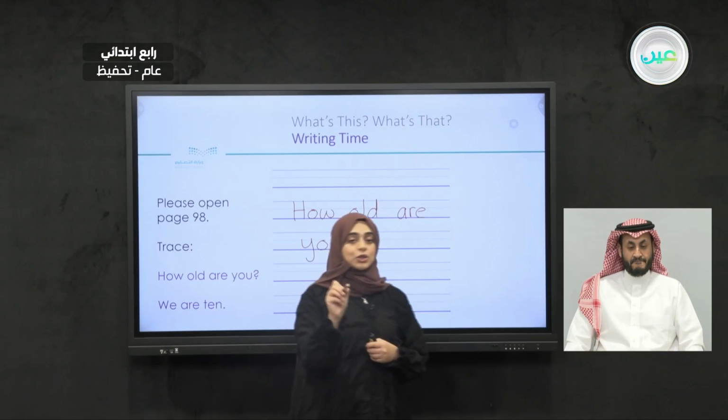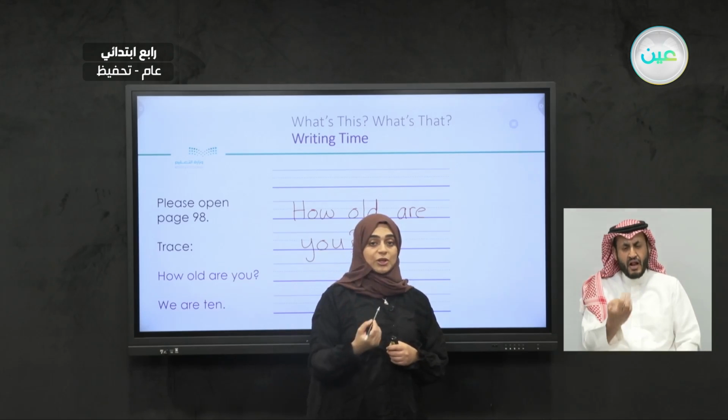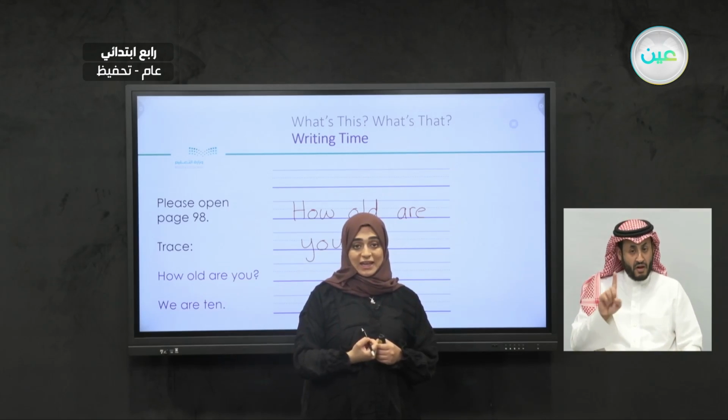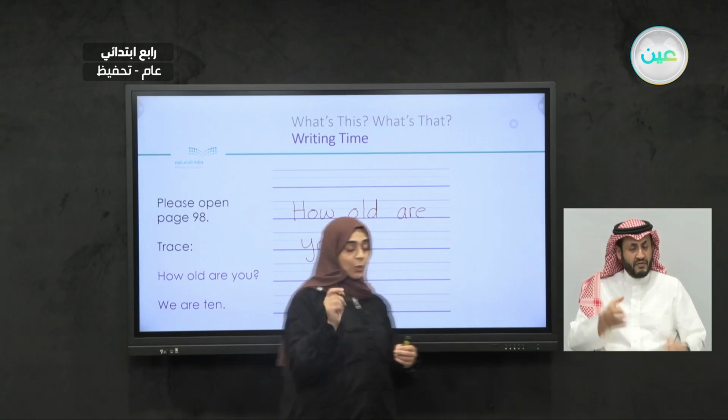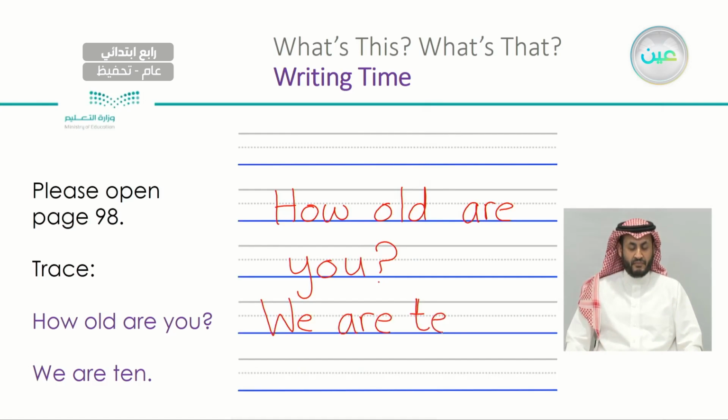But I'm not talking to you by yourself. There's someone next to you. So if you're going to answer me, what are you going to say? Yes, you're going to say we. We are 10. Uppercase W. We are 10. Full stop.